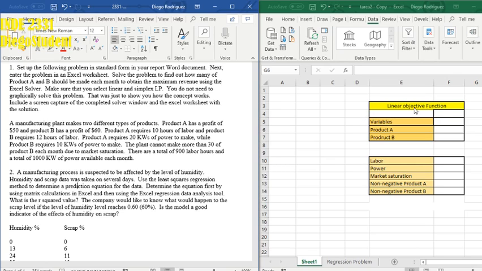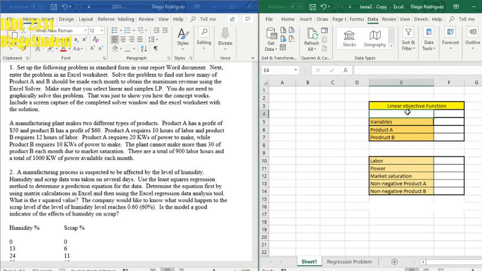The linear objective function is the function that you're gonna use to know the number of products that you're gonna need in order to minimize or maximize a profit. So a manufacturing plant makes two different types of products. Product A has a profit of 50 and product B has a profit of 60. So that's basically the linear objective function.